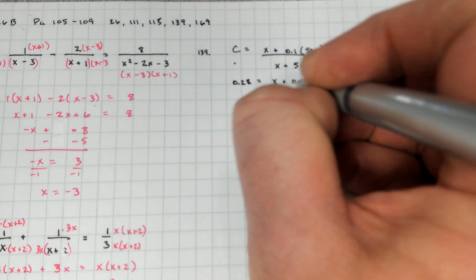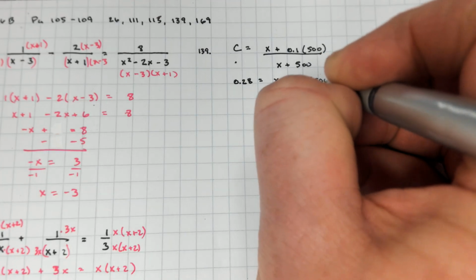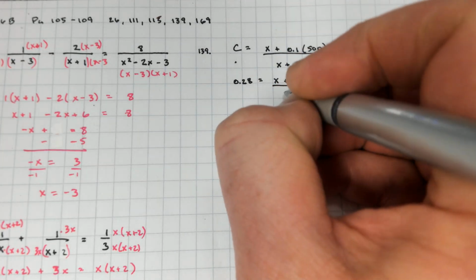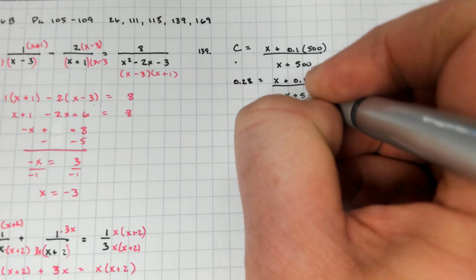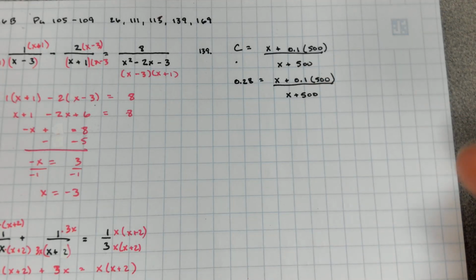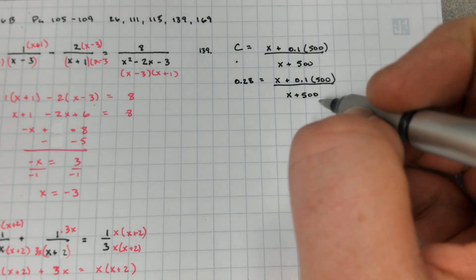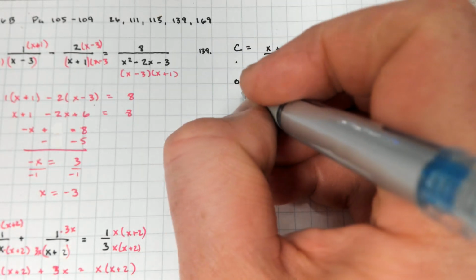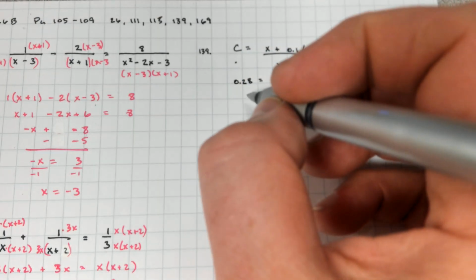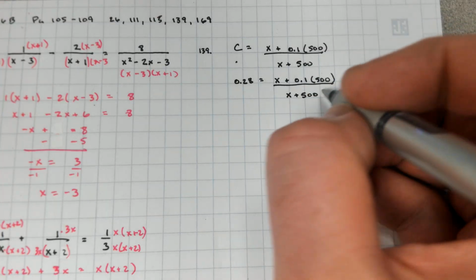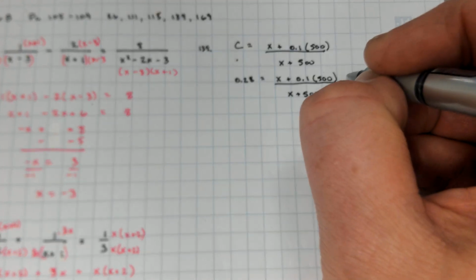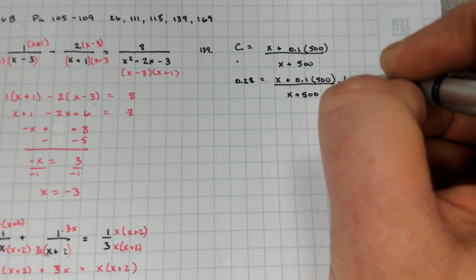And we have this equation that we can then solve for x. So this one's more like a proportion where we can cross multiply. So technically really what I want to just do is multiply by x plus 500 on both sides.